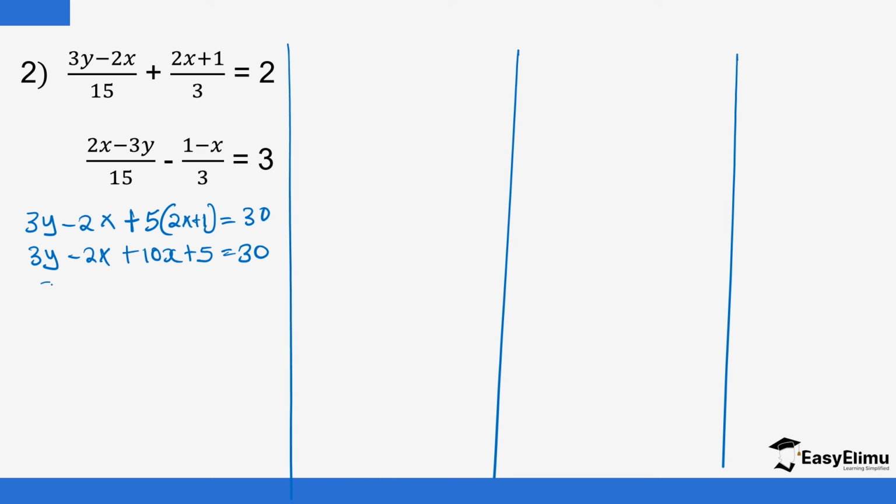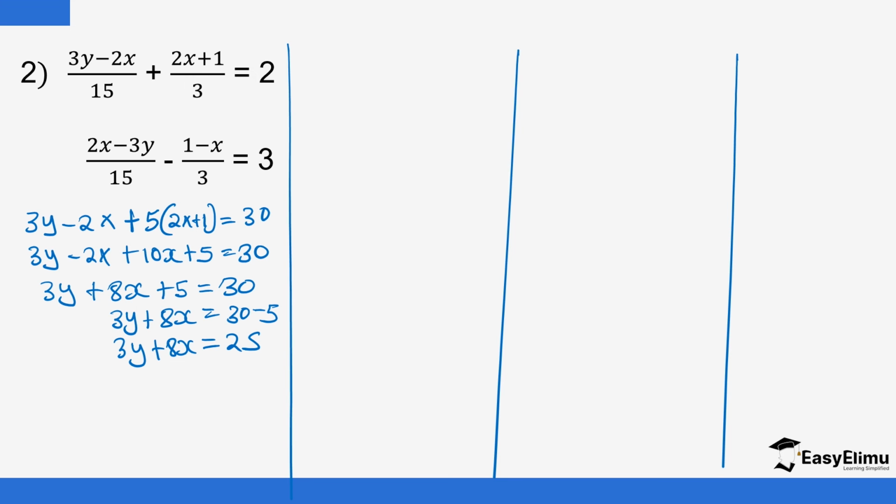So 3y minus 2x plus 10x is 8x plus 5 is equal to 30. Now we have 3y plus 8x is equal to 30 minus 5. 5 will go to the other side, so 3y plus 8x is equal to 25.